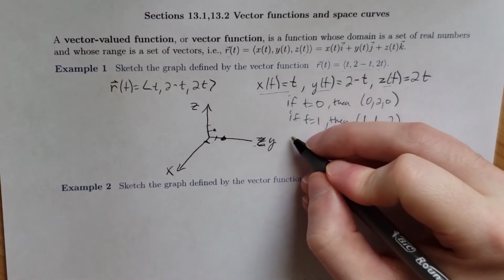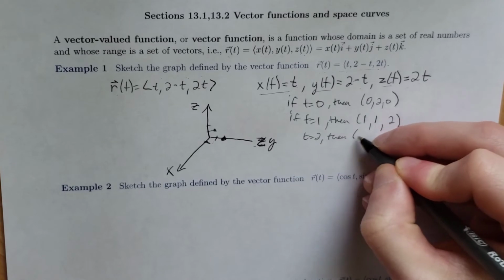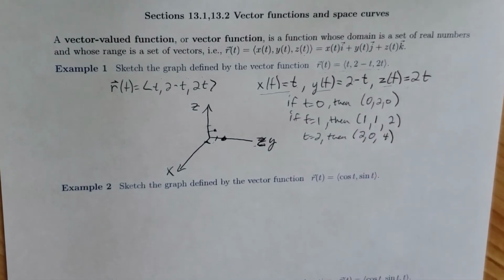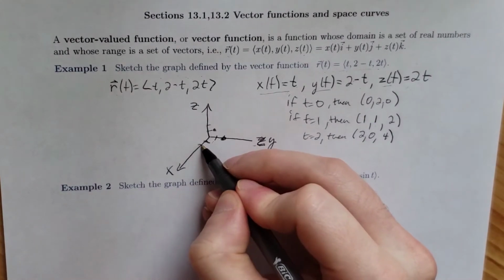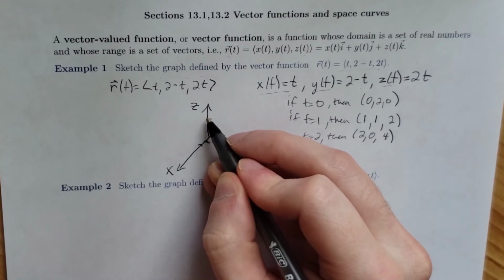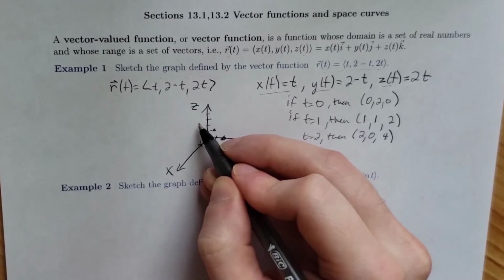And if t is 2, then we get 2, 0, 4, just by plugging it in. Okay, so 2, comma 0, comma 4. So this is 2, 0, 4. So this gets up to about here.